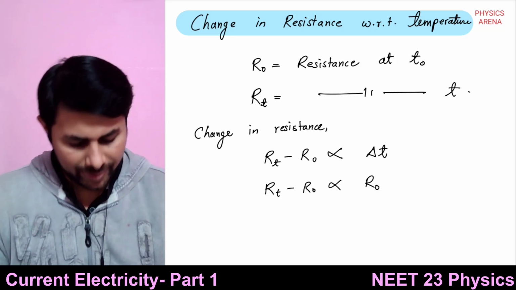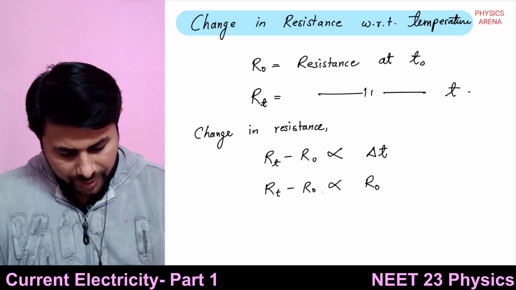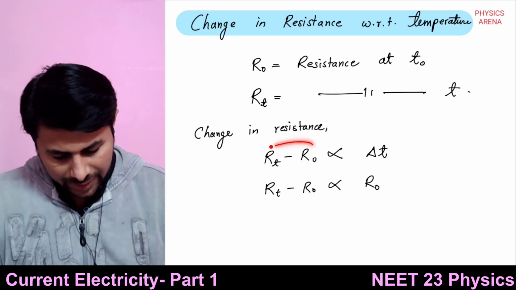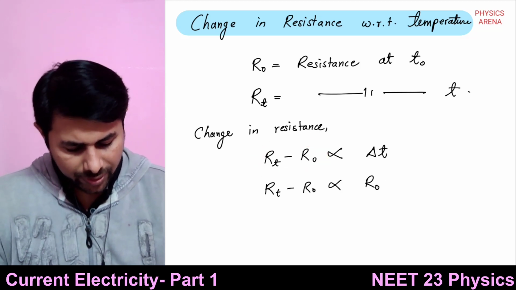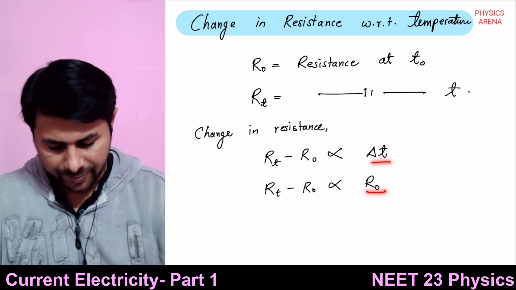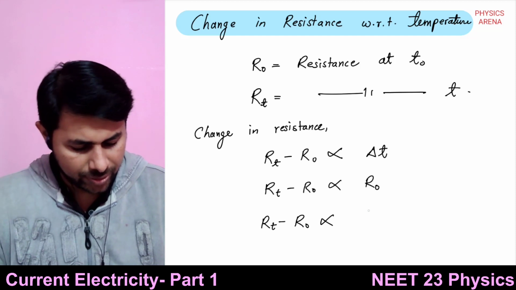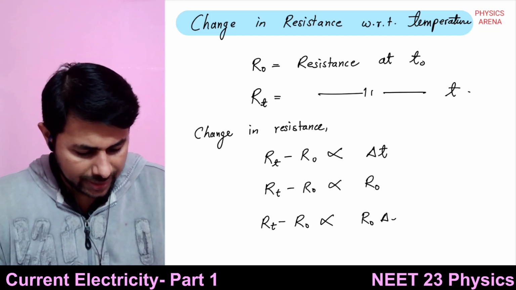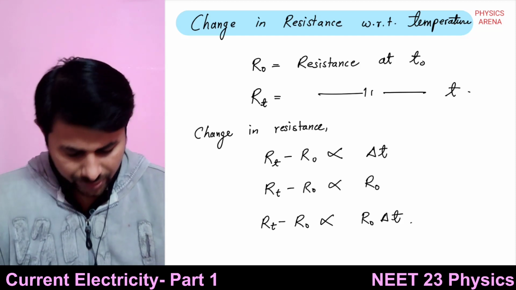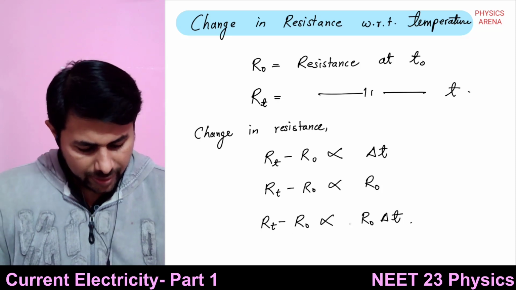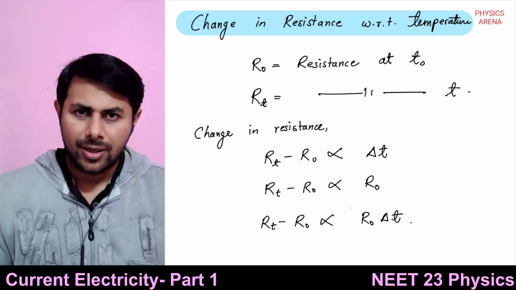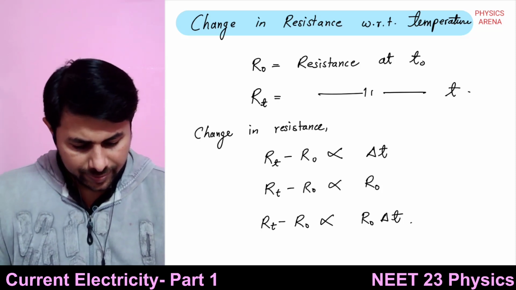This is just an example. So we can say RT minus R naught is proportional to R naught times delta T. Then there will be a proportionality constant.